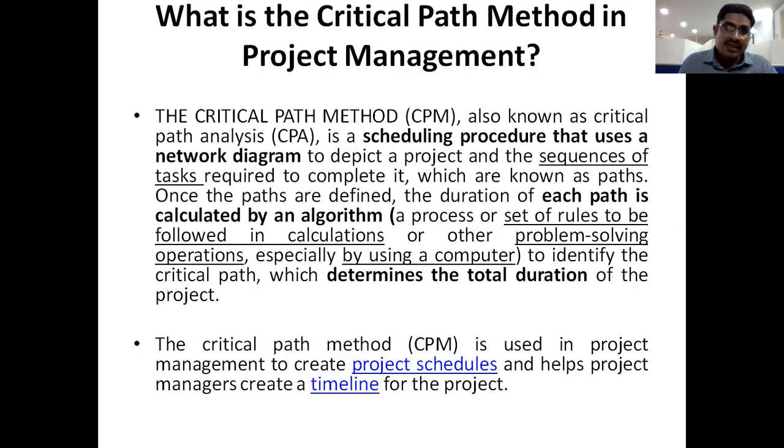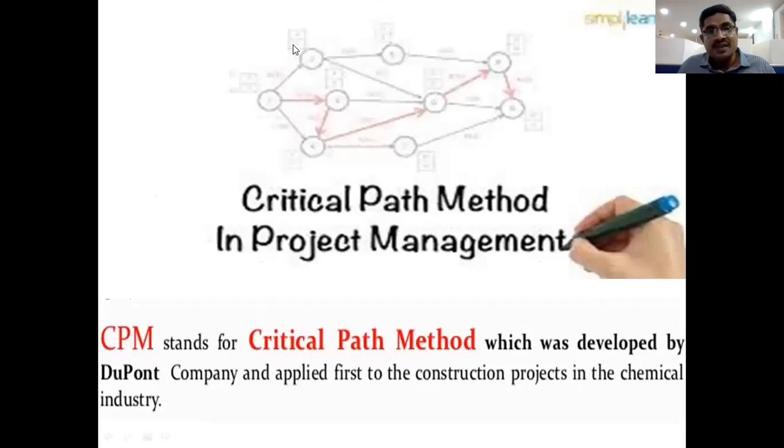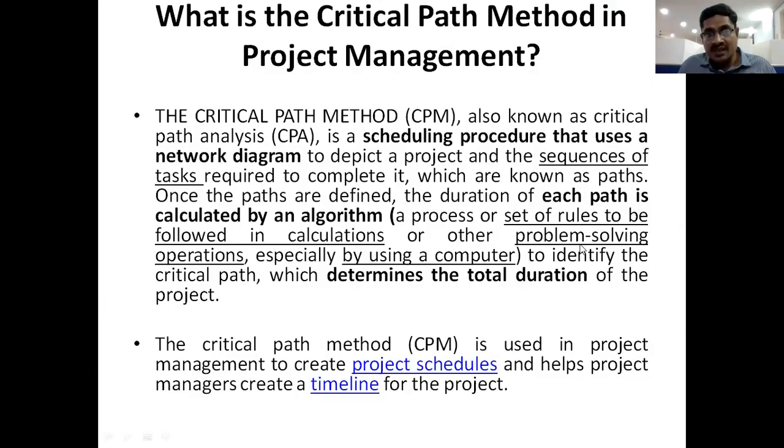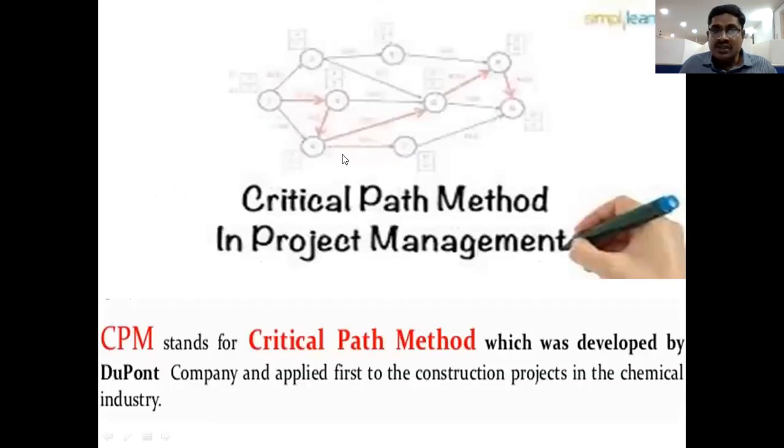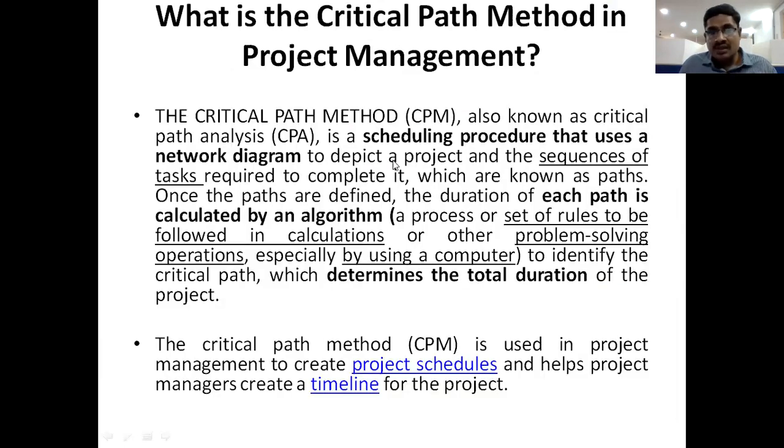We can easily understand these paths, the future course of actions, and the sequential operations for accomplishment of a contract by using this network diagram, right? So coming to the next point.